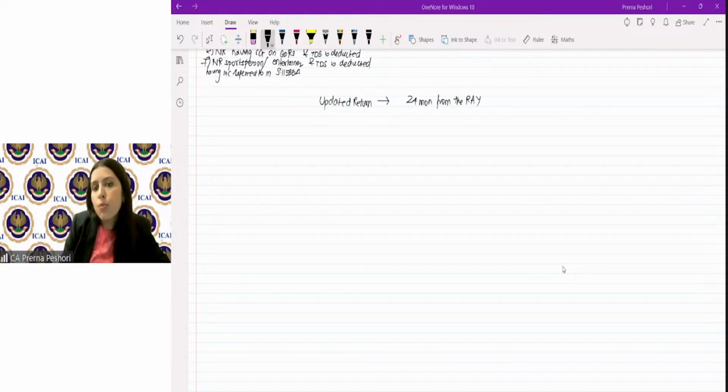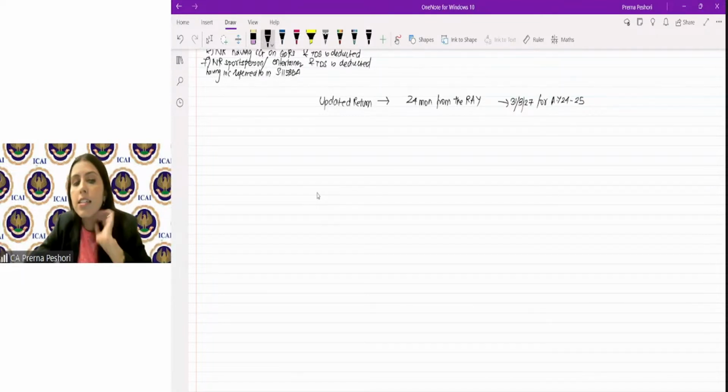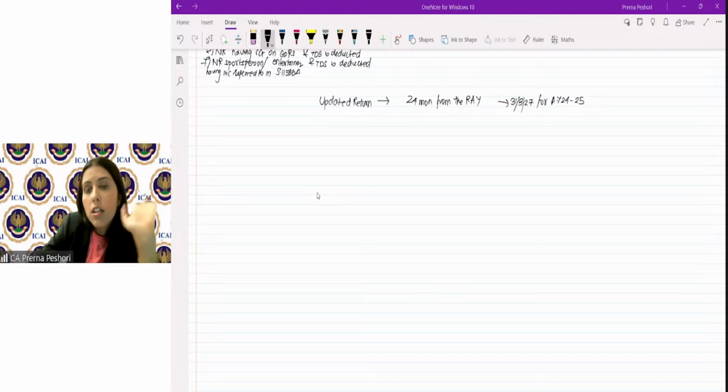You're in the 23-24 financial year, so the assessment year is 24-25. 24 months from that, you have time till 31st March 27 to file the updated return. You have a 24 months time limit.